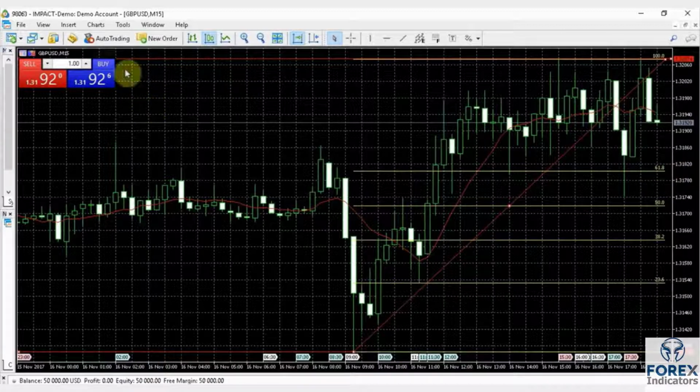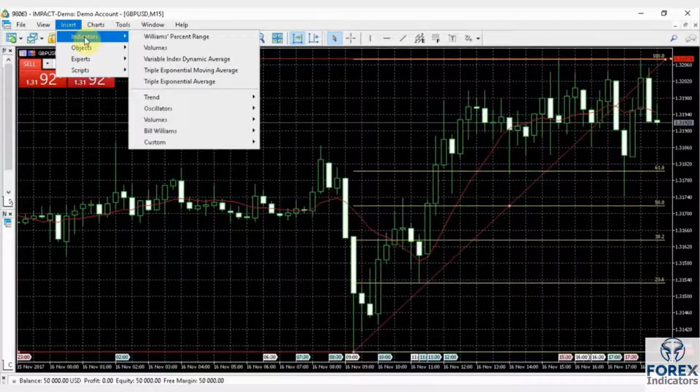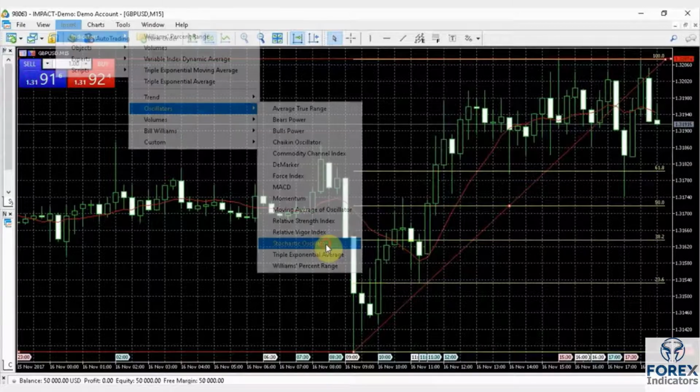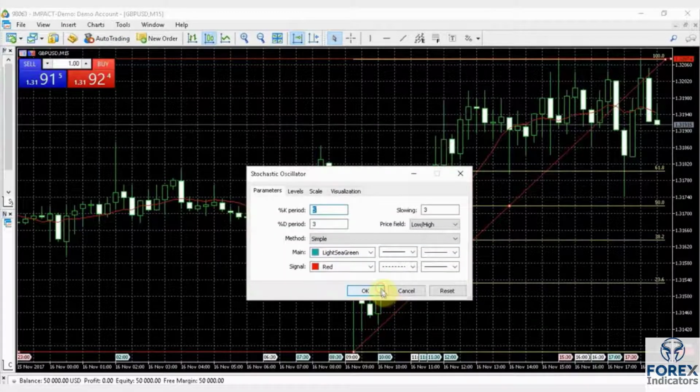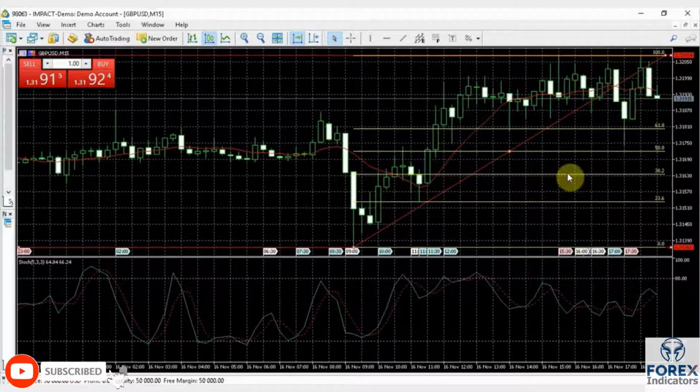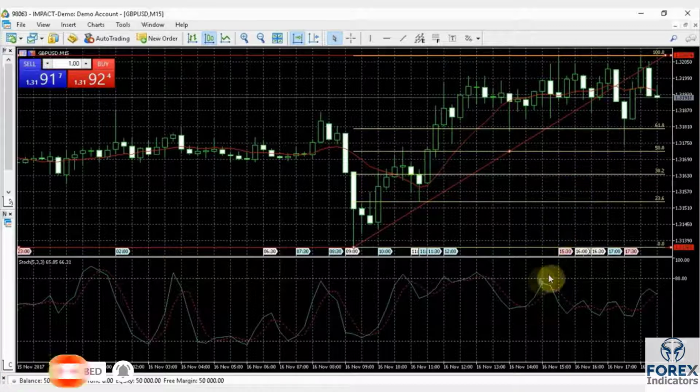Now we're going to look into another indicator that's quite useful. It's the stochastic oscillator. Just click there. Right. So basically what the stochastic oscillator does, in simple terms, it shows us if the price is really at an all-time high and if it's at an all-time low.